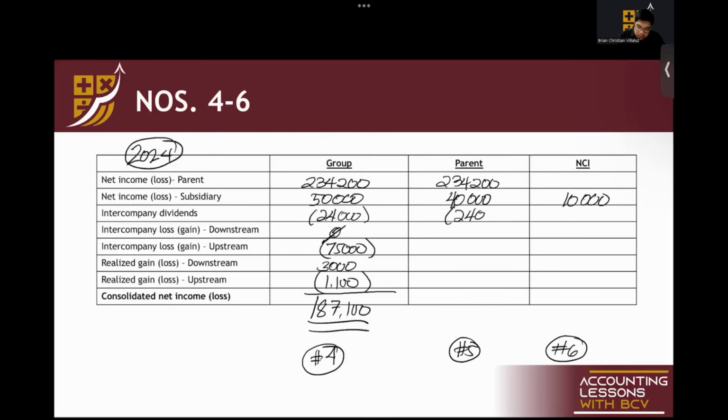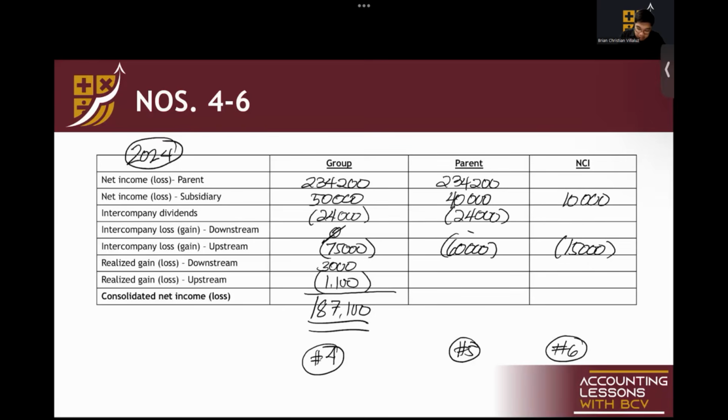Intercompany dividends, parent lang po. Since we do not have intercompany loss or gain for the downstream, okay, so wala yan. Upstream natin, paghahatian na ni parent at NCI. So, negative 60,000 and negative 15,000.